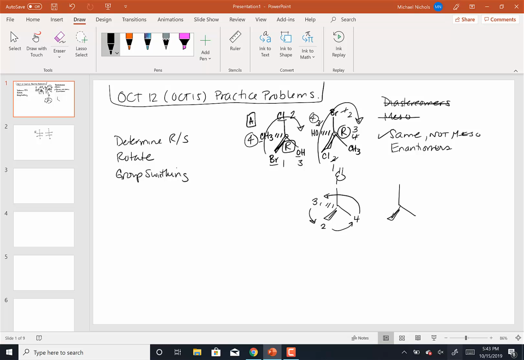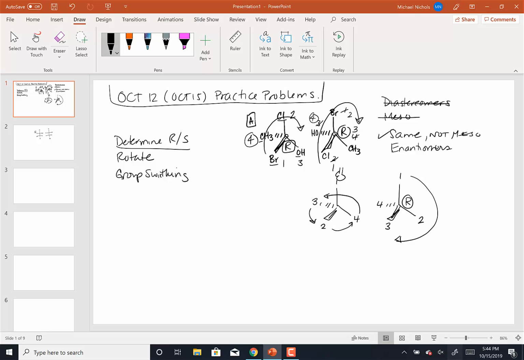Again, the molecule would go back into its original orientation. Number 1 didn't move because I grabbed it. 4 went behind, 3 came forward, 2 went over. And so now 4 is away from me, and going from 1 to 2 to 3 is clockwise. So I get the same answer, R. That's the first way we can do this problem, determining the R and the S.